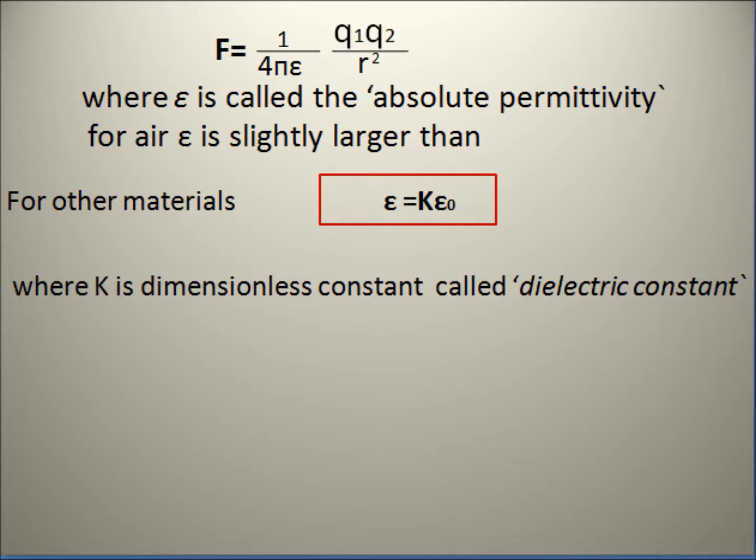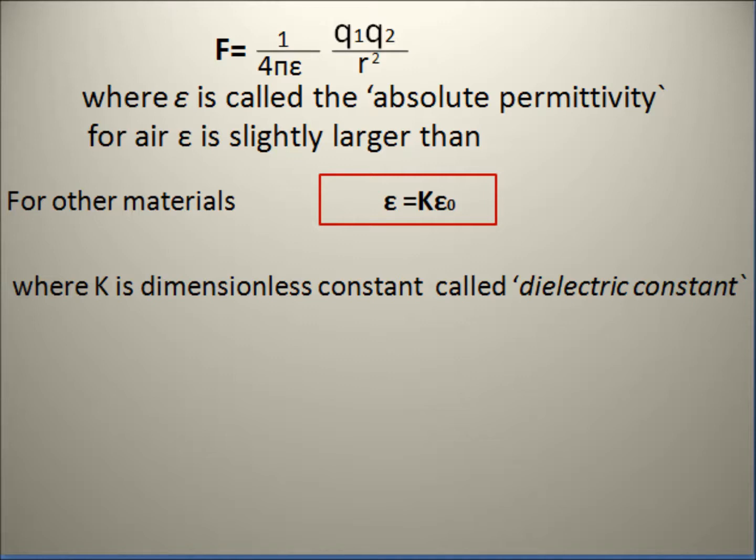This time epsilon naught is replaced by epsilon, that is, the absolute permittivity of the material medium, and epsilon is slightly larger than epsilon naught, so epsilon is equal to K epsilon naught. Here K is capital K and it is dimensionless, which is called the dielectric constant or relative permittivity.